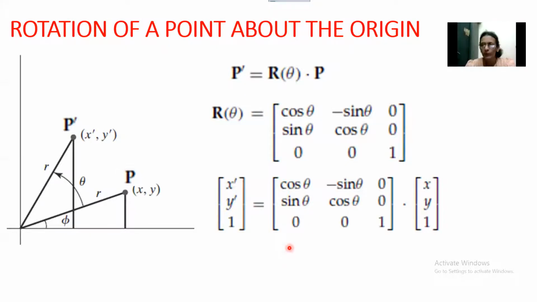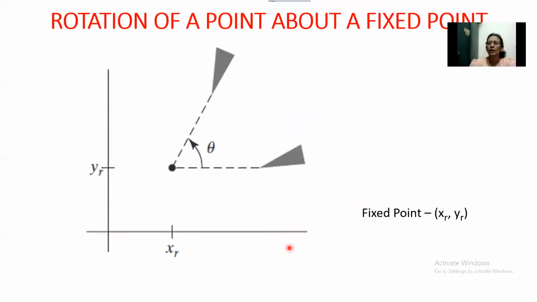This we already know. Next, what about rotation of a point about a fixed point? Say xr, yr, that is this point, is the fixed point. To rotate this triangle about it, this vertex will be rotated by an angle theta about this point.